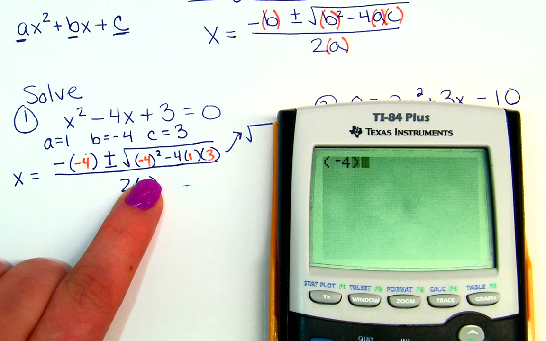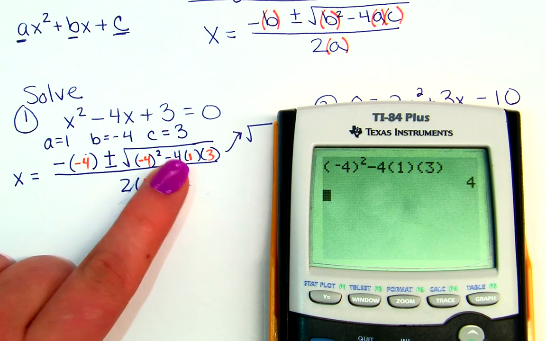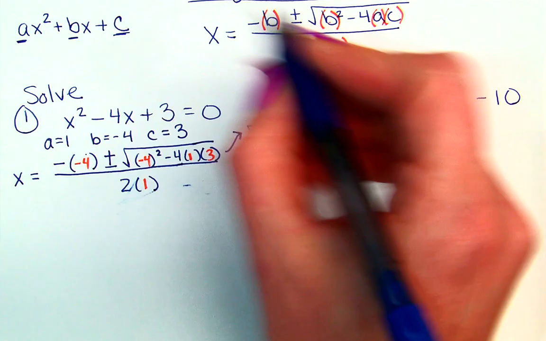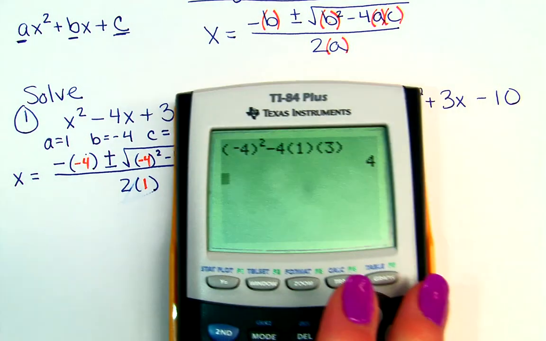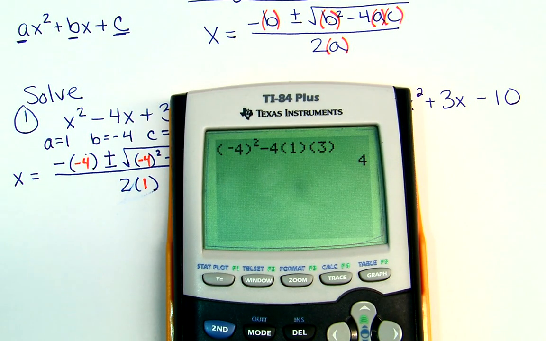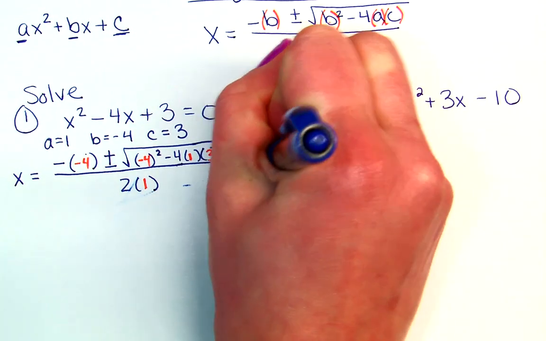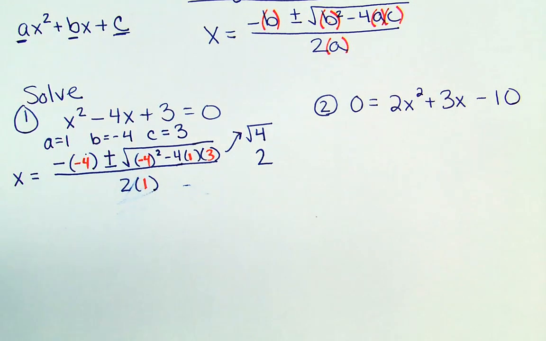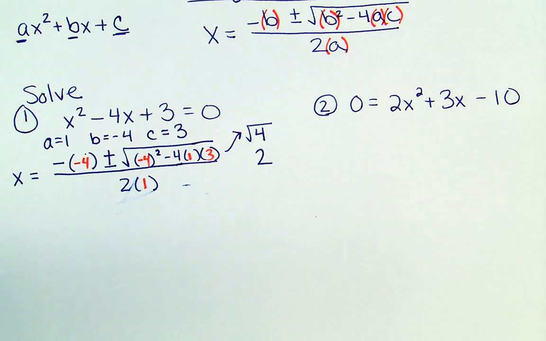So parentheses -4 squared minus 4 times 1 times 3, and I get 4. So now that I know I have the square root of 4, I can evaluate that, and if you don't know it by heart, second x squared of 4 is 2. So that wound up evaluating our radical out into an integer.